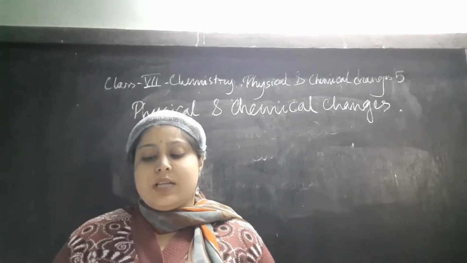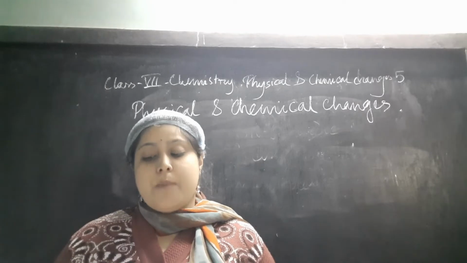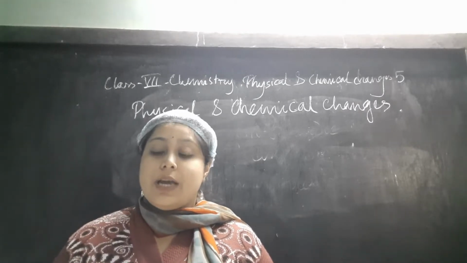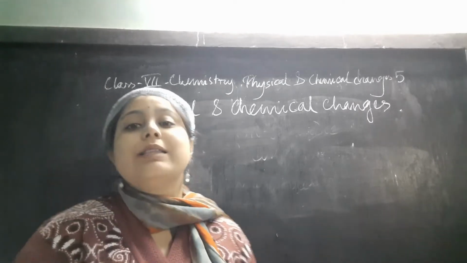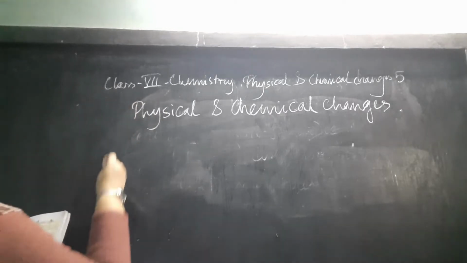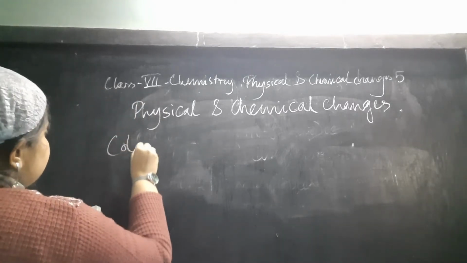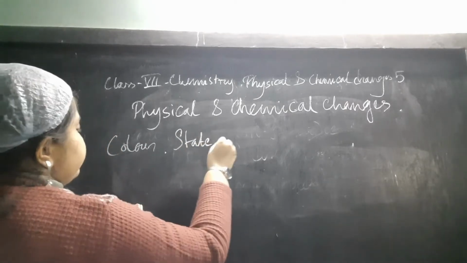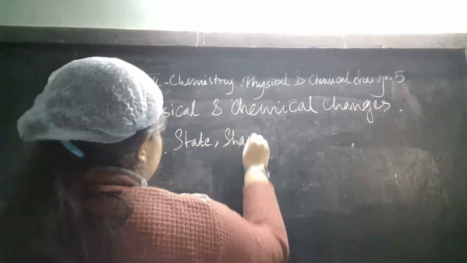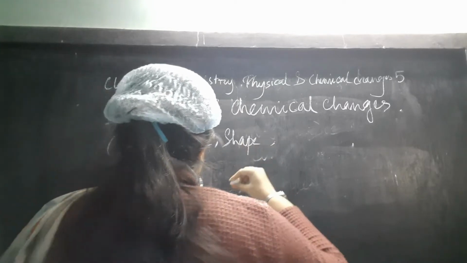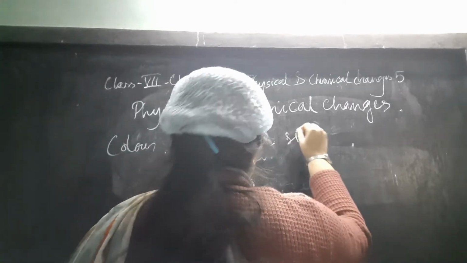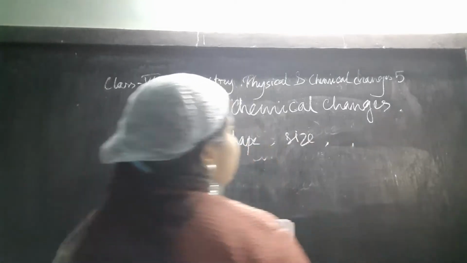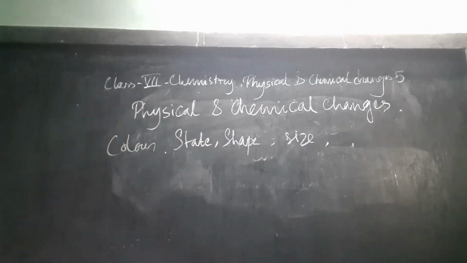So what properties can be changed in a physical change? Like the color, the state, the shape, the size. These are the things that can be changed due to a physical change.